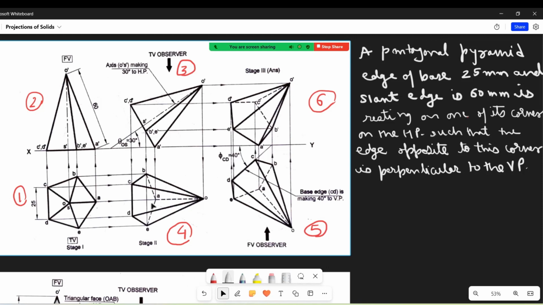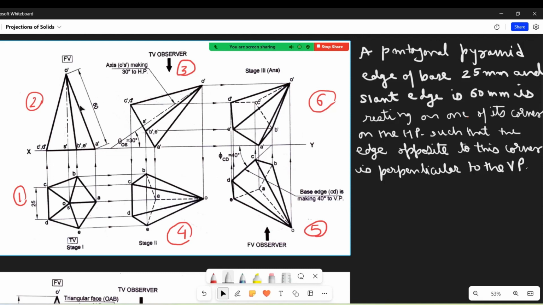One thing has to be kept in mind in this question, that the axis length is not known to us. What is known to us? The slant edge length. The slant edge length can be obtained when this slant edge, 60 mm, O dash A dash, is parallel to the XY line.